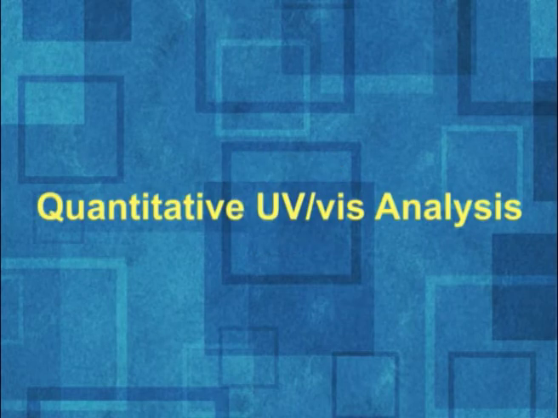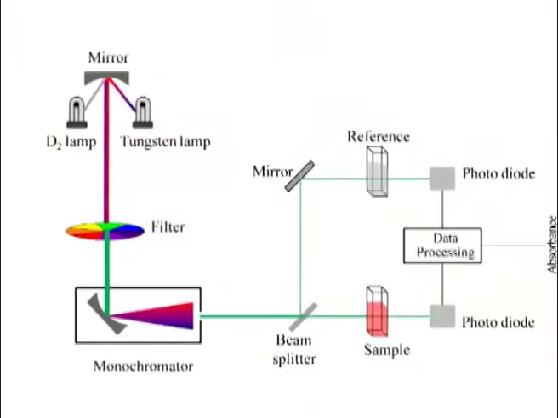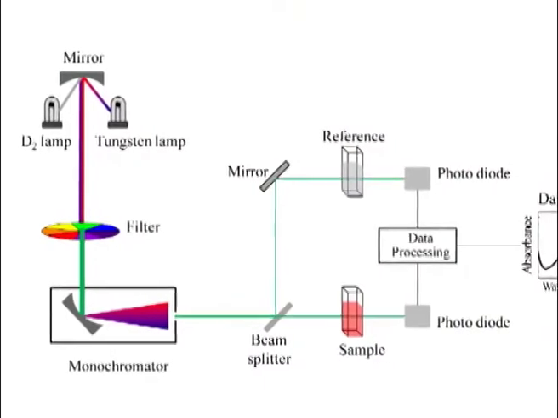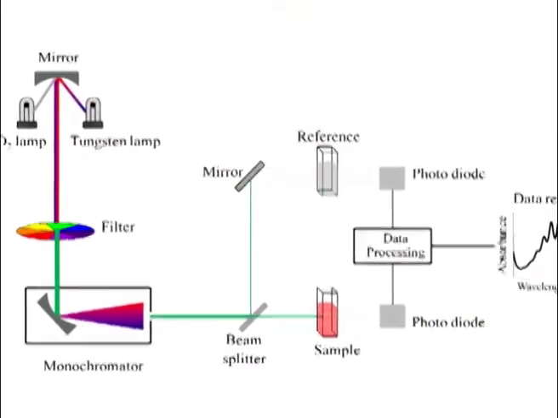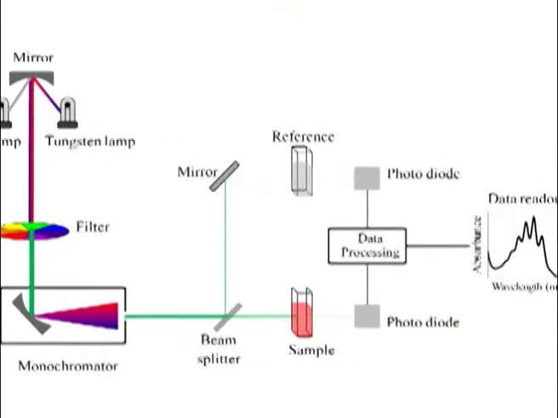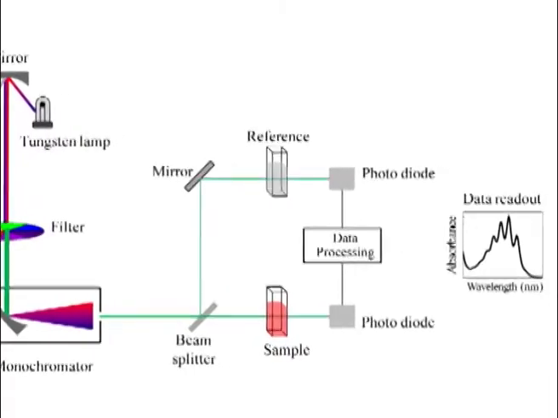Quantitative UV visible analysis. Absorption spectroscopy is one of the most useful tools for quantitative analysis, and its applications are not only numerous but also touch upon every field in which chemical quantitative analysis is required. Quantitative UV visible is used to determine the concentration of an analyte which can absorb in this region in a solution.